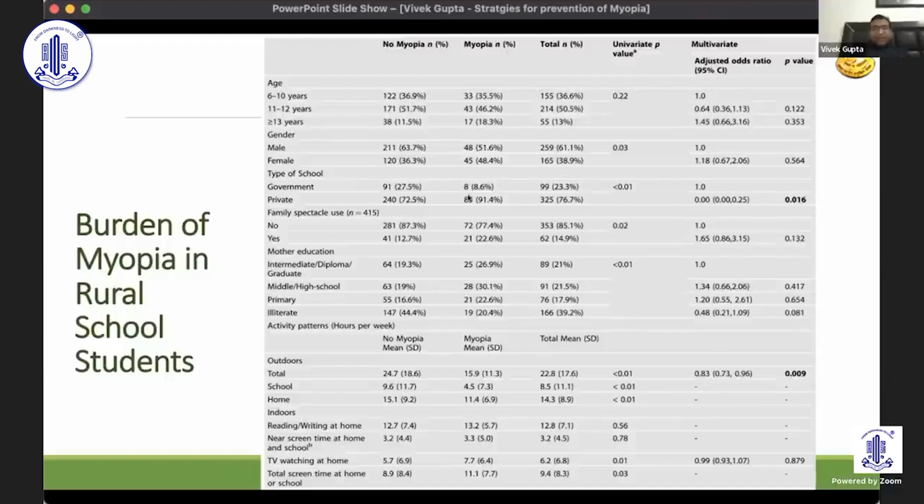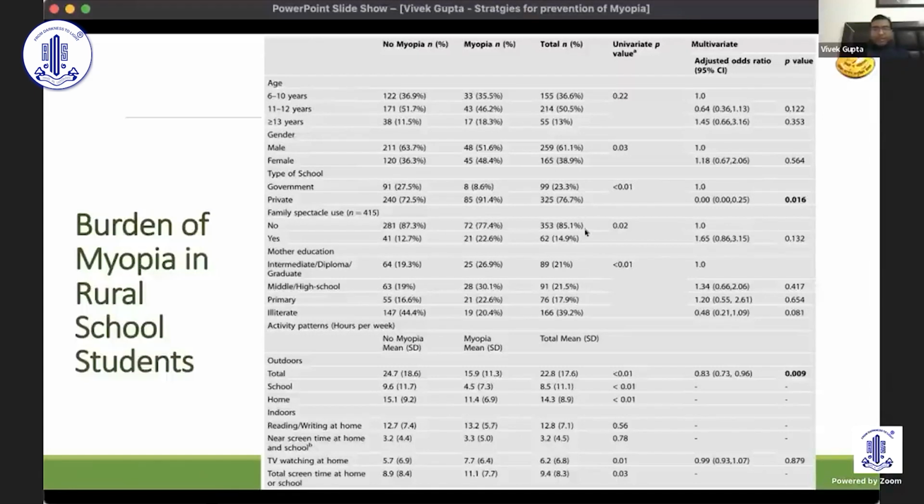One thing we found very interesting was that the type of school was extremely significant. The odds ratio was 0.016 when it comes to prevalence of myopia in government schools versus private schools. So that was quite important.